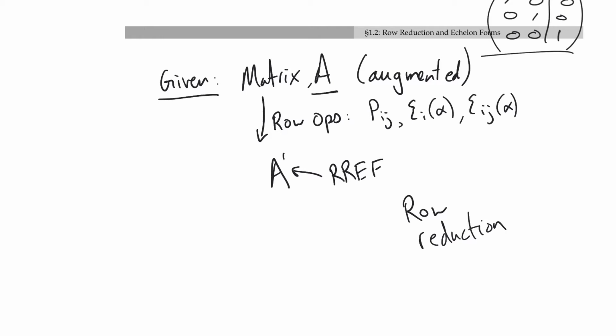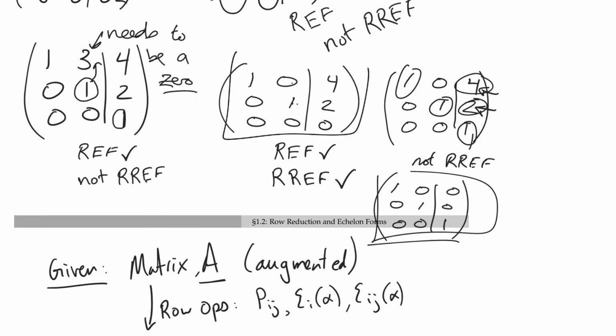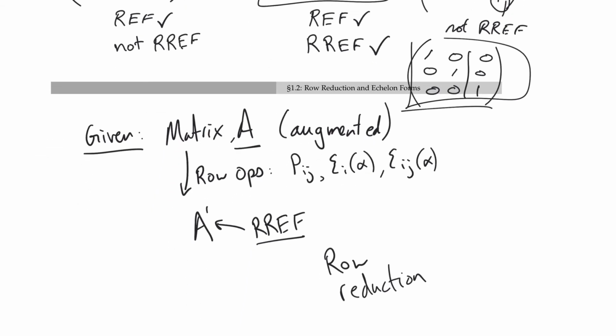It is from the reduced row echelon form, something that looks like this, or like this, that we can pinpoint what the actual solutions to our system will be.